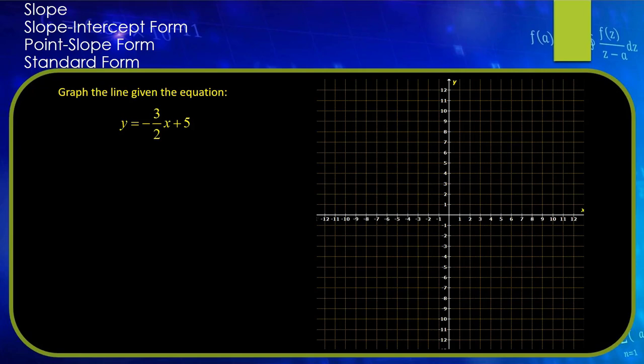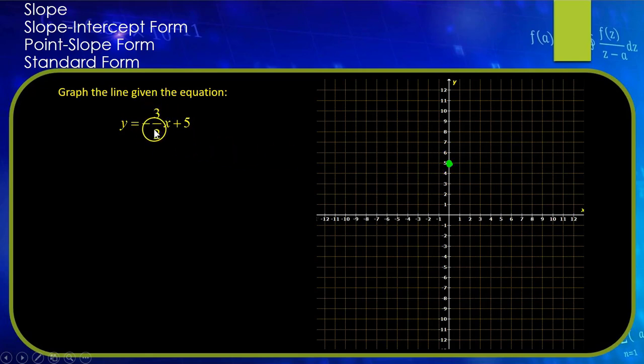So I'm not going to use the slope yet. I'm going to use the fact that this is the y-intercept, which is the b value. So at 0, 5 is where the y-intercept is going to be, right here.